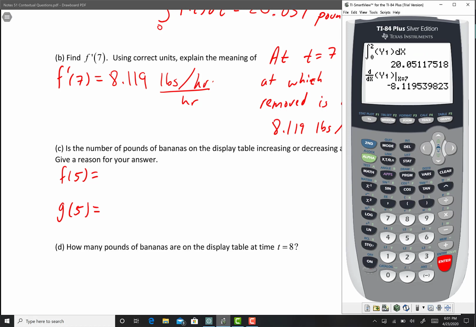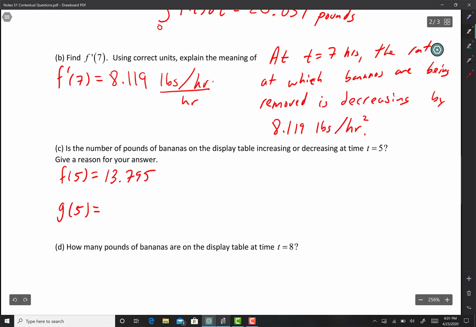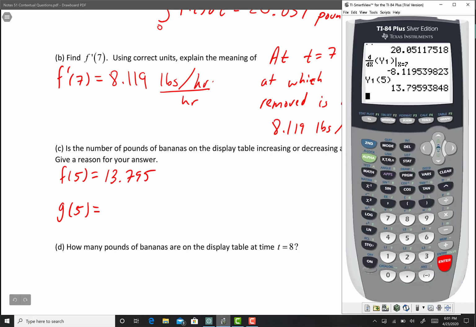So here we go. I know that on Y1 I have the f, so I'm going to go Y1 of 5. Push enter. So I get 13.795, or 796 if you round. 13.795. All right, let's do g of 5. I have that on Y2.